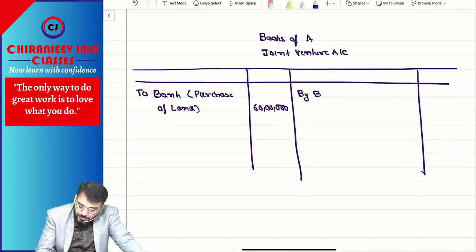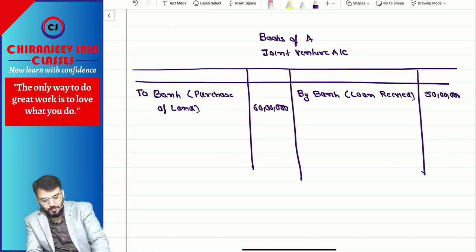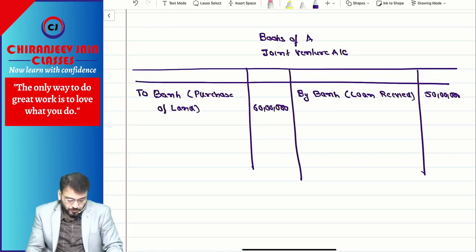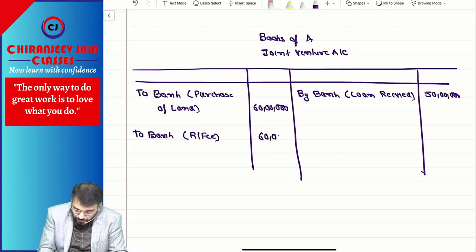So by bank, $50 lakh. One by one. Then registration, to bank, registration fee how much? Then what?